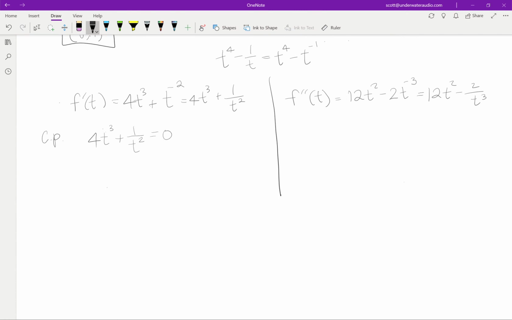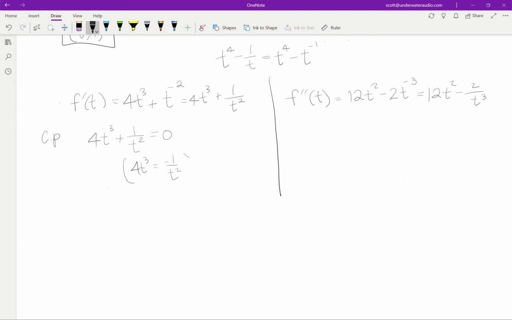So the only place that's a trouble is when we divide by 0, but I already know that t equals 0 is not in the domain, so I don't really need to worry about that. So I'm just going to set it equal to 0 and solve. And I will do that by subtracting 1 over t squared. 4t cubed equals negative 1 over t squared.